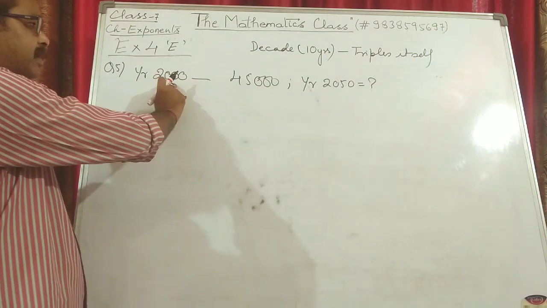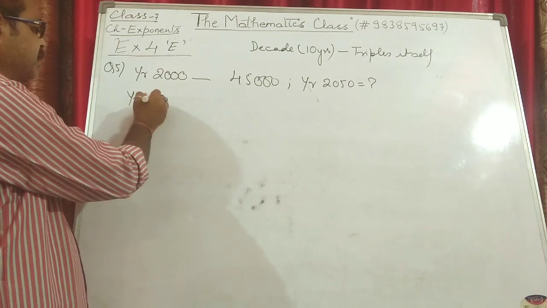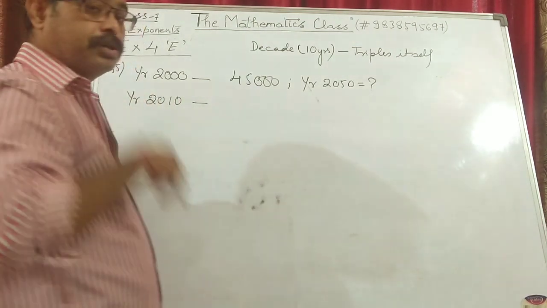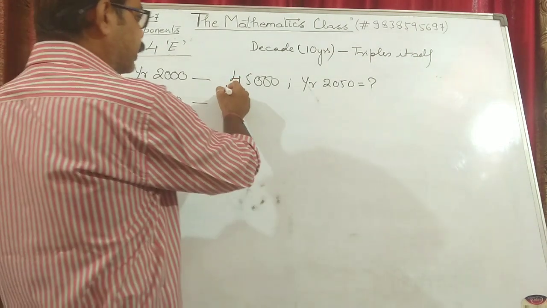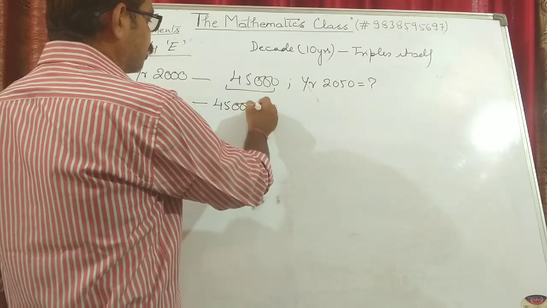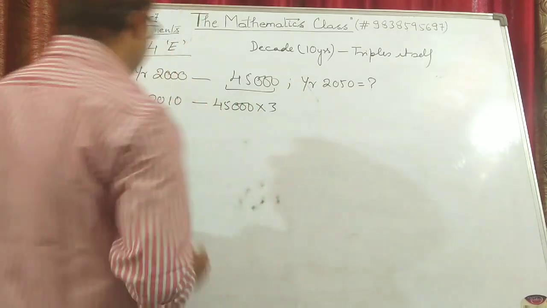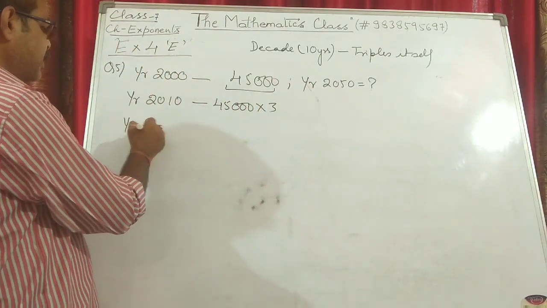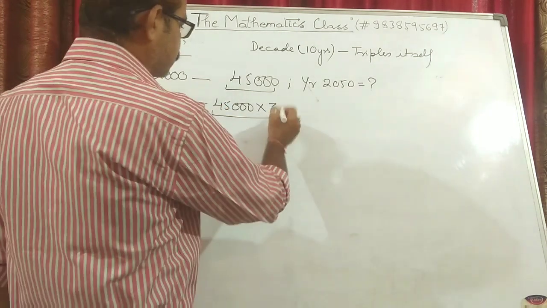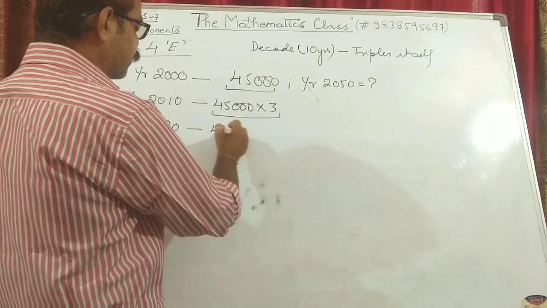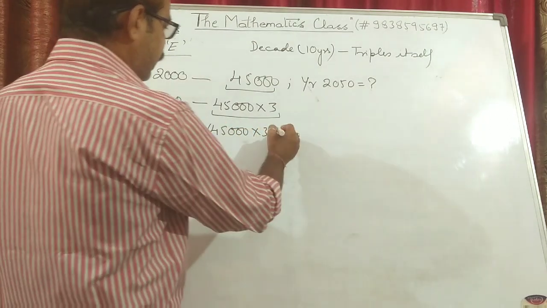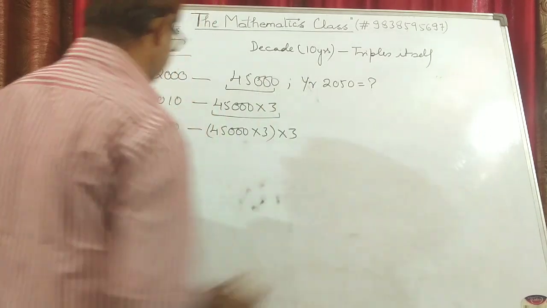It means after 10 years, that is year 2010, the population will be 3 times of what it was, and it was 45,000, so times 3. In year 2020, its population will be 3 times again, so 45000 into 3 into 3.